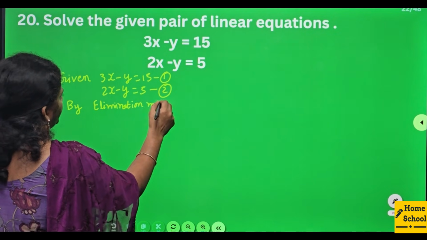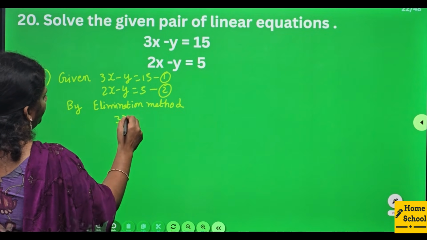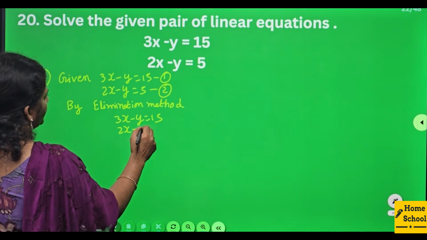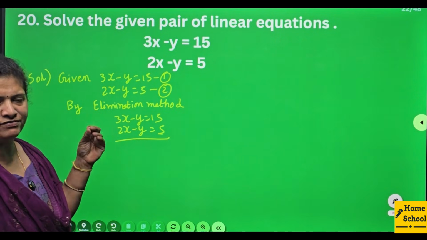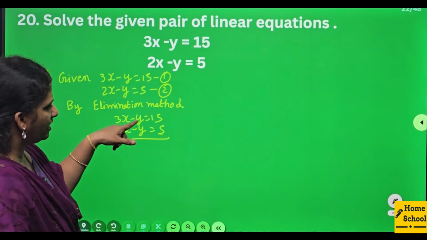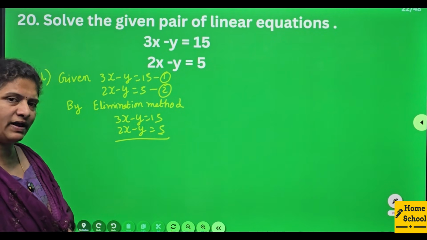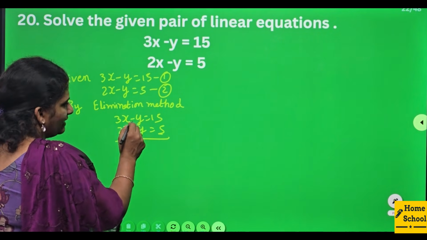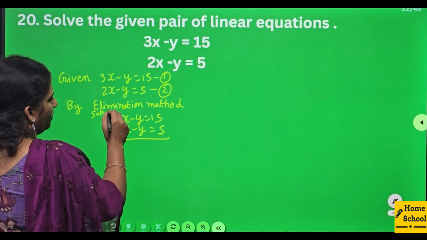By elimination method, observe properly. 3x minus y is equal to 15, 2x minus y equal to 5. There is no need of multiplying any number for any equation. Observe here y, same sign you have. We need to add or subtract the equations. Both are having same value and same sign means we need to subtract equations.